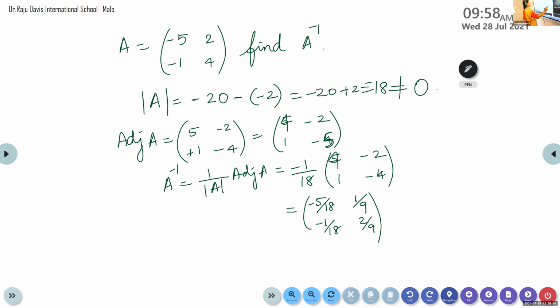You have to interchange. Otherwise you have to write that. Here everything will change. So minus 2 by 9, 1 by 9, minus 1 by 18, 5 by 18. Is it correct, Karthik? We should interchange the diagonal elements and change the sign of the non-principal diagonal.